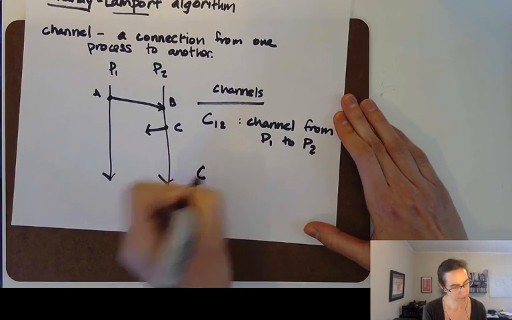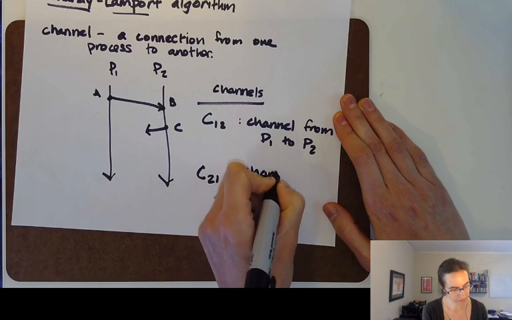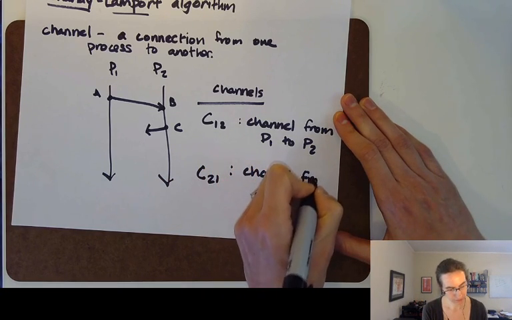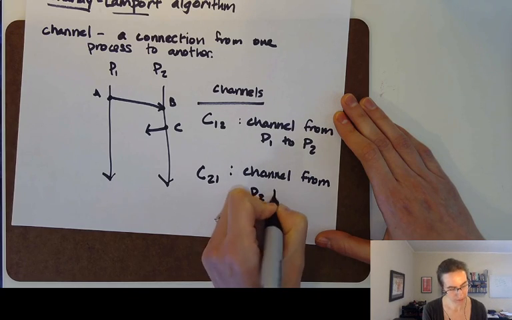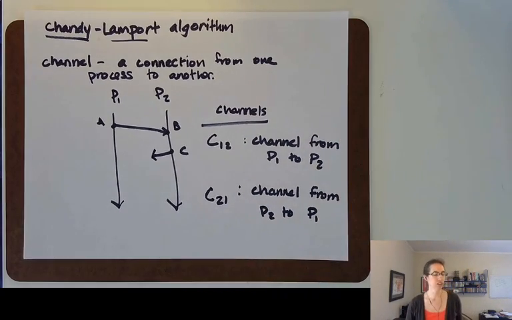And the channel from P2 to P1 is called C21. So in general, channel Cij is the channel from process Pi to process Pj.